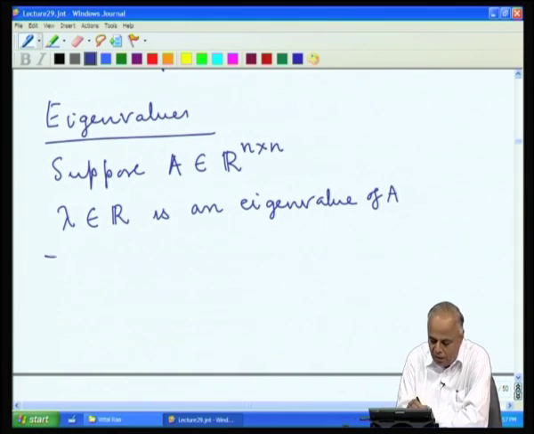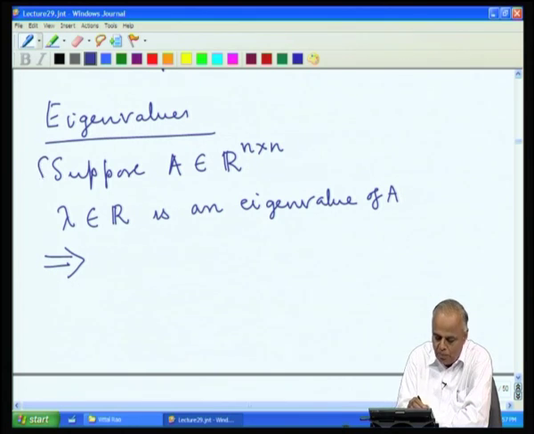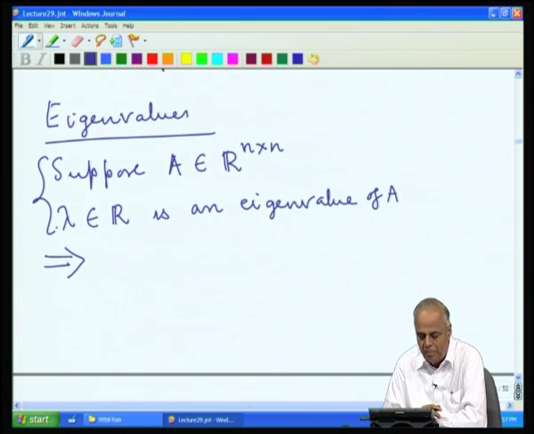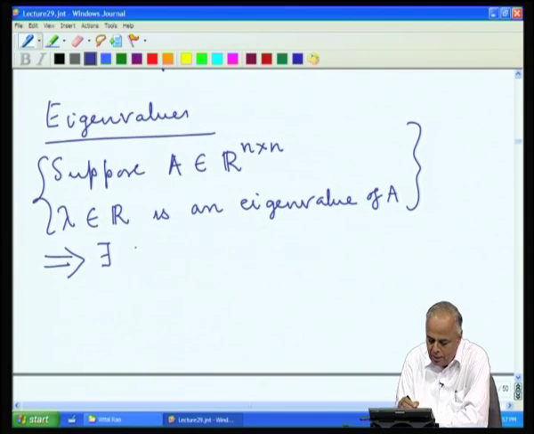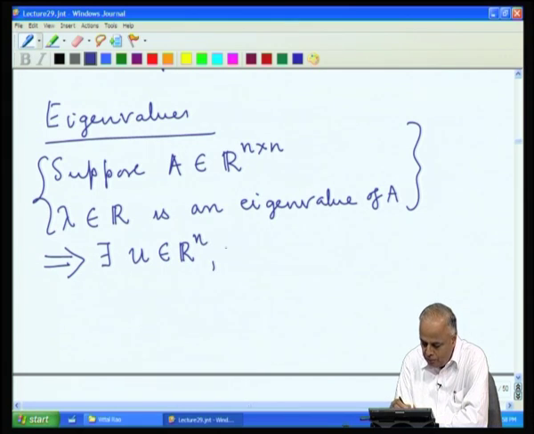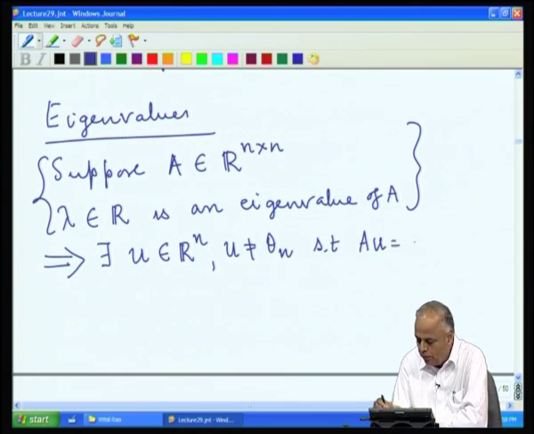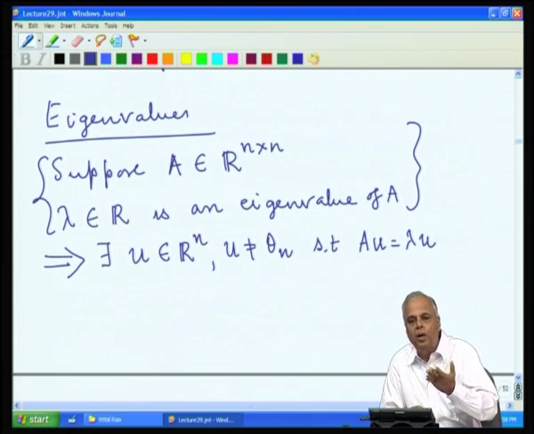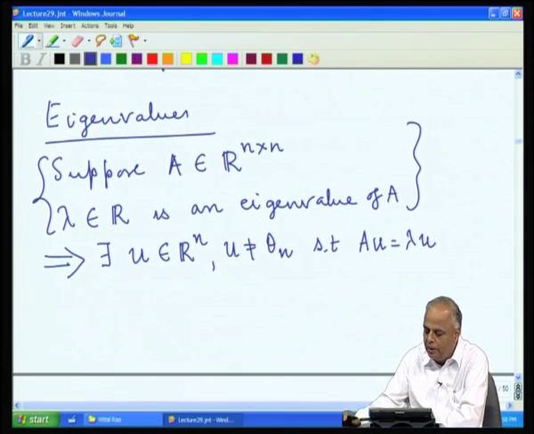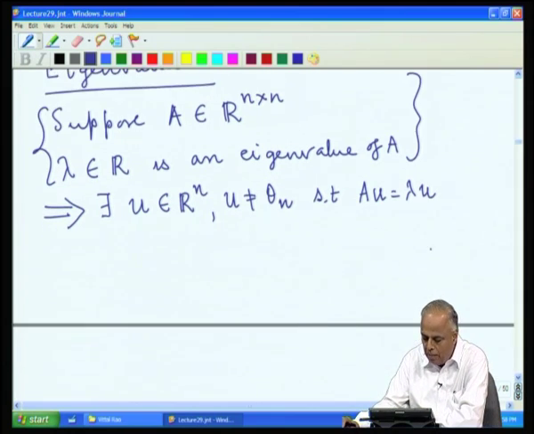So, this implies there exists a vector u, which is not the 0 vector, such that A u equals lambda u. This is the requirement of an eigenvalue.